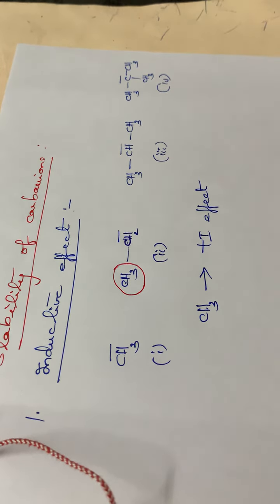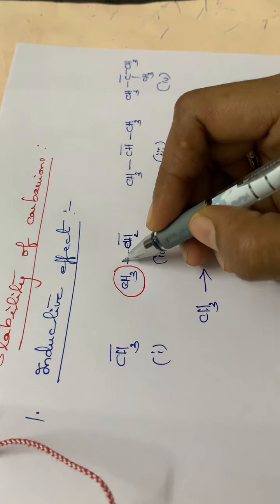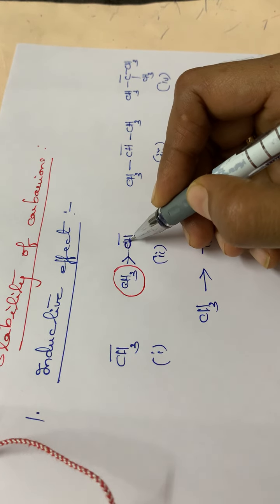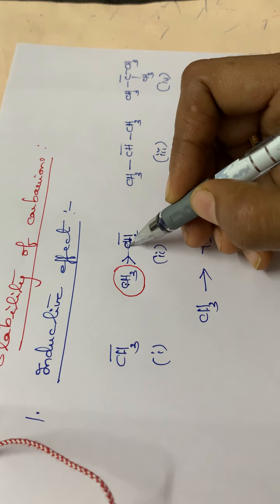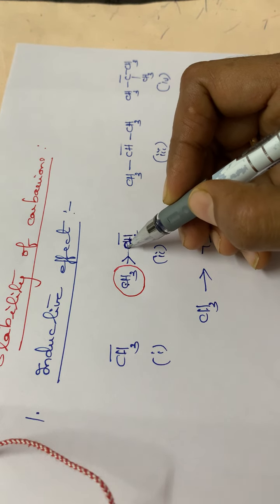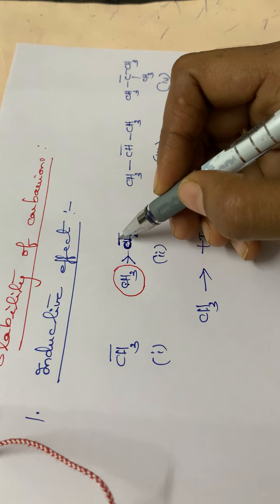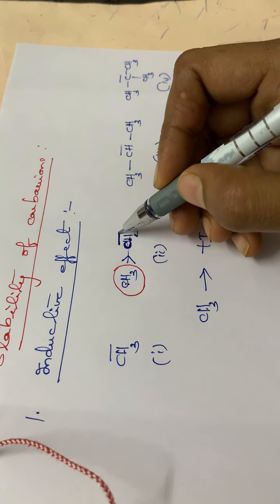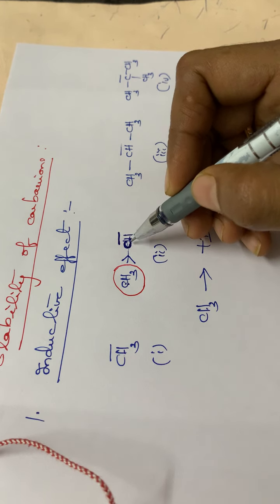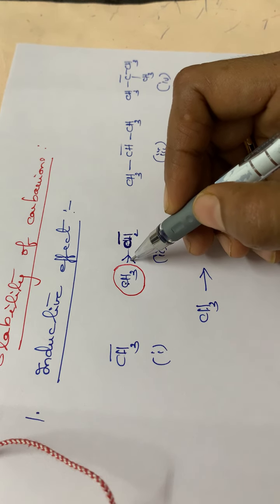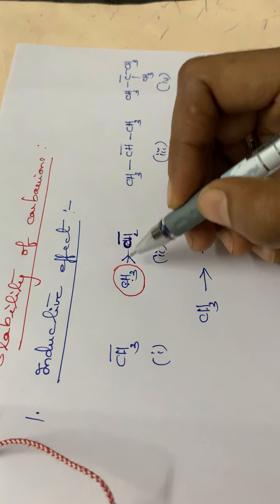That means it will be releasing electrons towards this carbon atom. Already this carbon atom is electron rich; it has a negative charge. To this carbon atom, electrons are coming from the CH3 group.